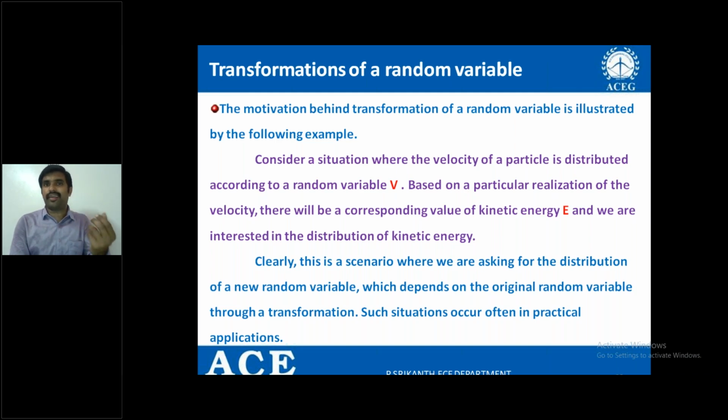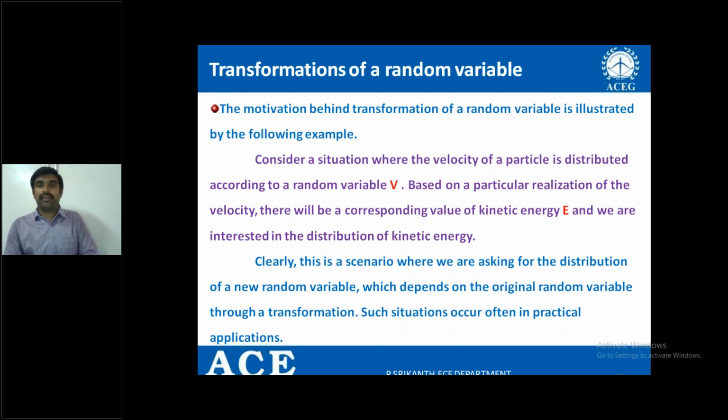Velocity is considered as random variable v. Based on a particular realization of the velocity, there will be a corresponding value of kinetic energy E. And we are interested in the distribution of kinetic energy.